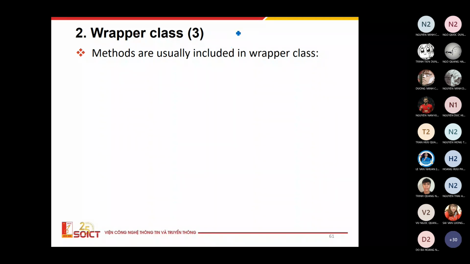For primitive data, you just have data. But for the wrapper class, you have a class, which means you have attributes and methods. An attribute is to store the data, but you also have supporting or utility methods to use with this kind of data.